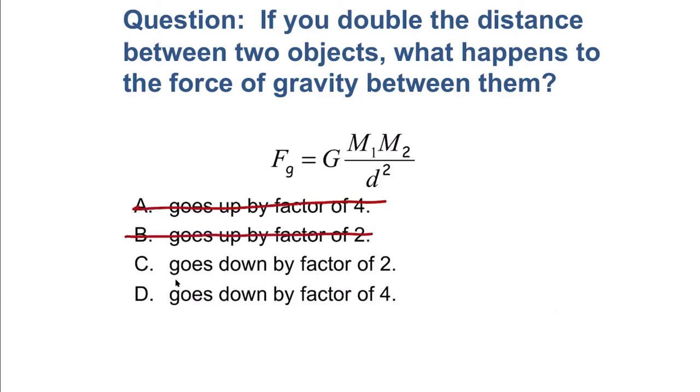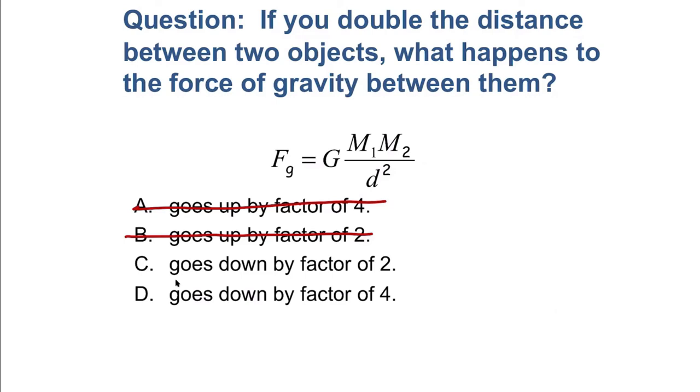If the distance between two objects goes up, the force between them goes down. How much? Well, this d is squared, and that's important. That means if I increase d by a factor of 2, I have decreased this whole value by a factor of 2 squared.